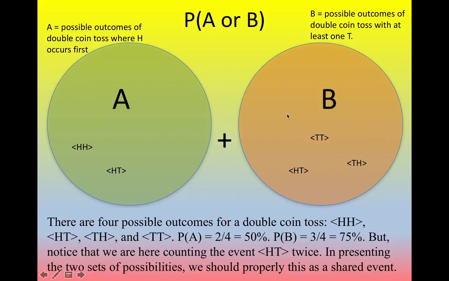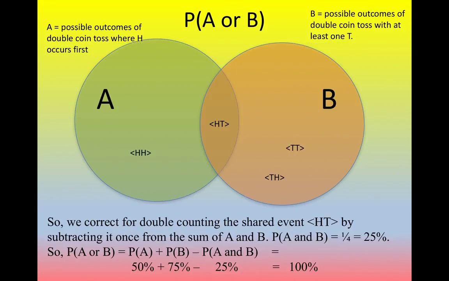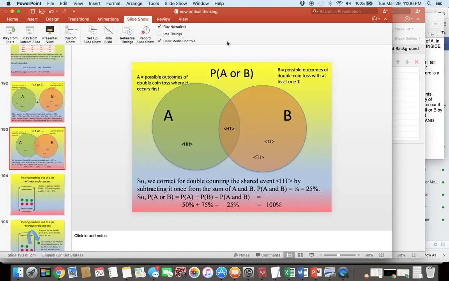If you just add these together directly, you're going to end up with too many things. You're going to count HT twice. So you want to take out the extra HT. When you represent it this way with HT in the intersection, you can see more clearly how to add these things up. That's why, in the general formula, we subtract the intersection so we don't double count. Okay. Hope that was informative.